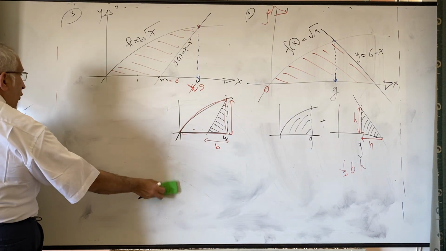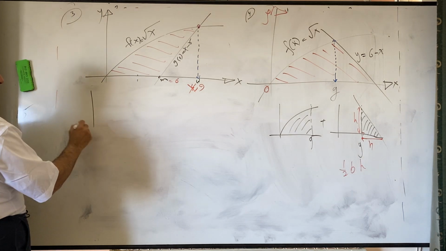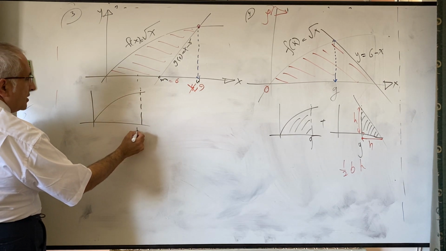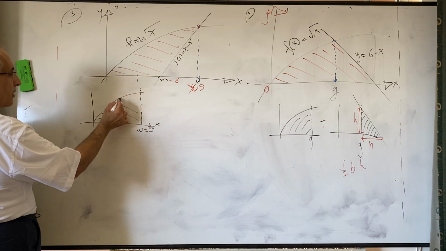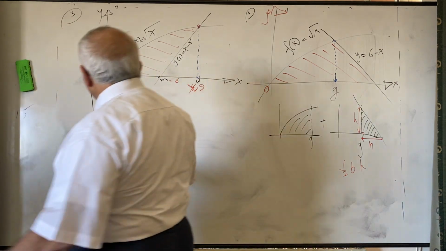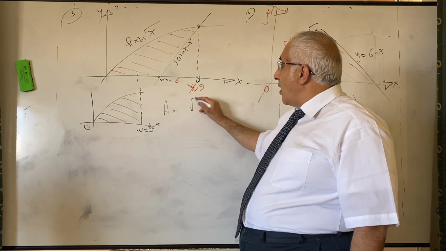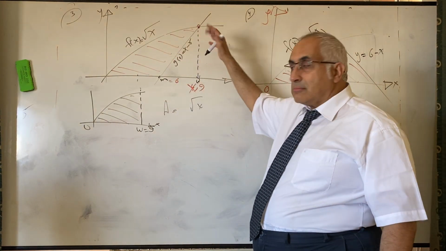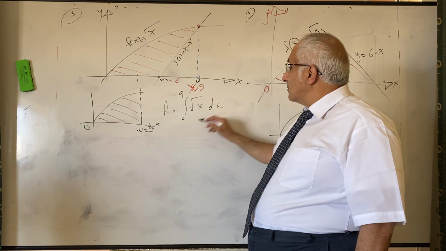Why don't I first find the area, this one. A small sketch will make me a happy man. This is W equals 9. I need to find all that area. That's easy, because the area here is the square root of x, all of it, from 0 to 9 dx.